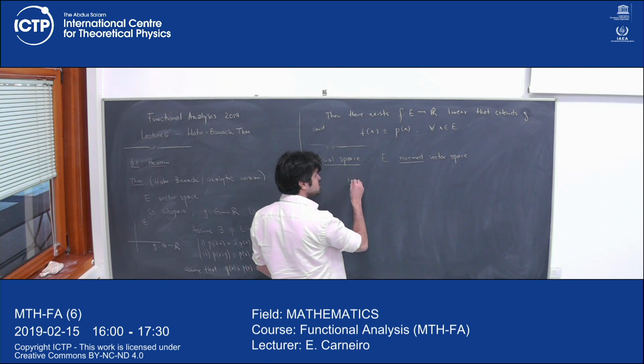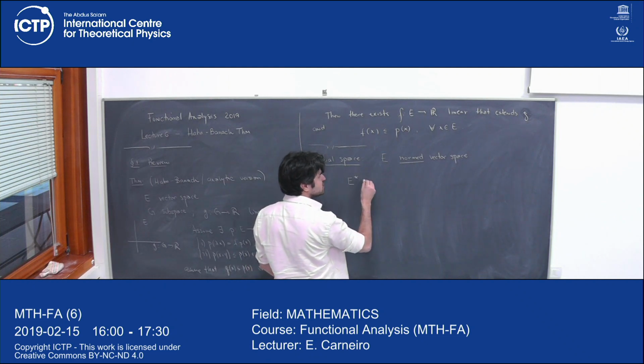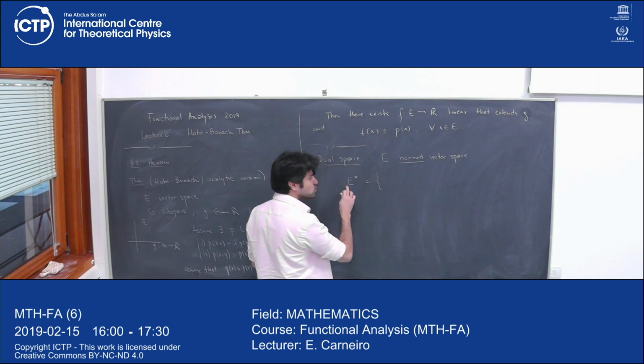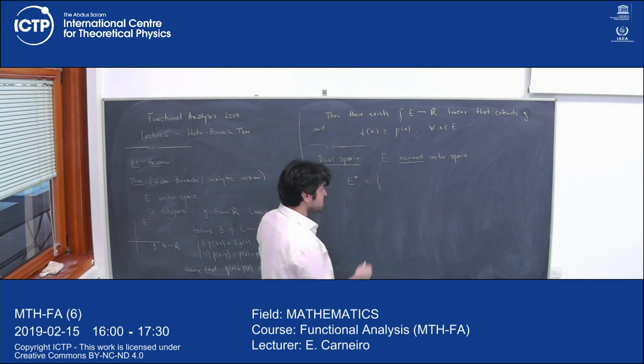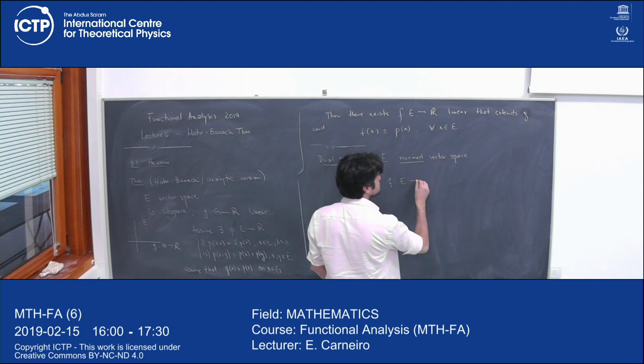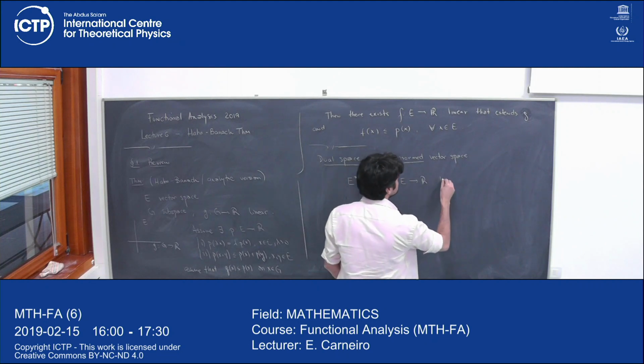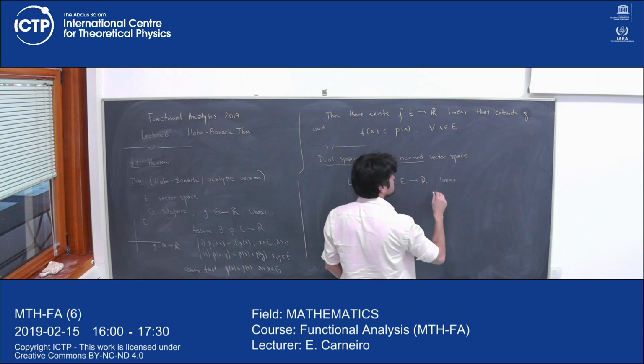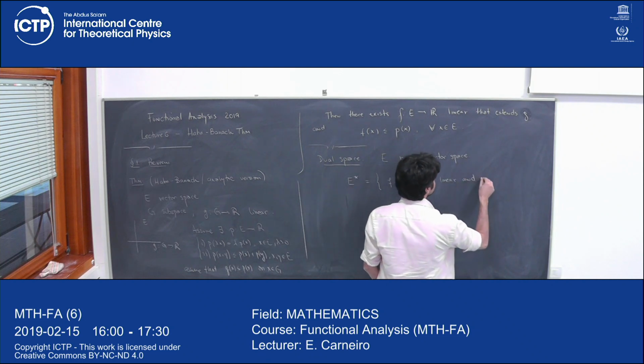And this space E star, called the dual space, is the space of all functionals, the space of all functions f from E to R, which are linear and continuous.